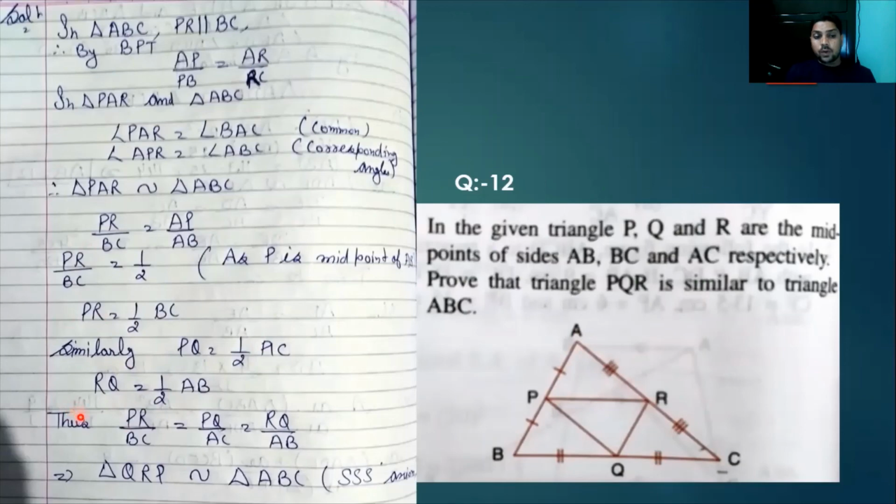So we have the ratio PR upon BC equal to PQ upon AC, equal to RQ upon AB. So we can say that on the basis of the SSS axiom, triangle QRP is similar to triangle ABC.